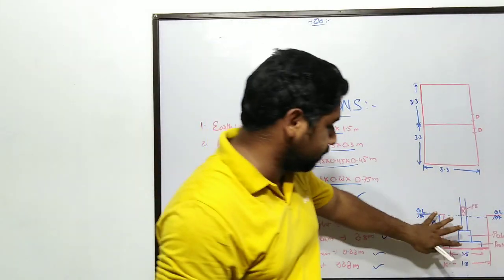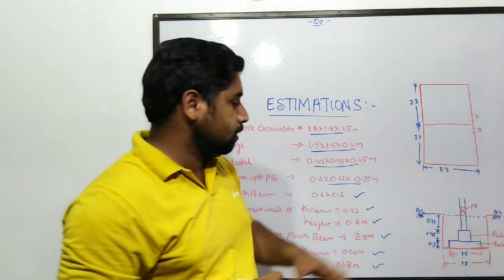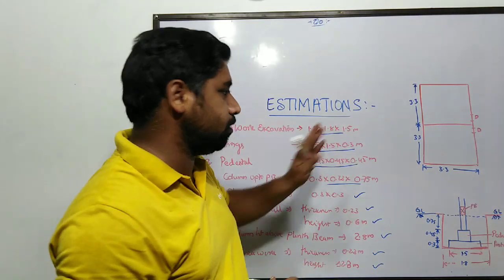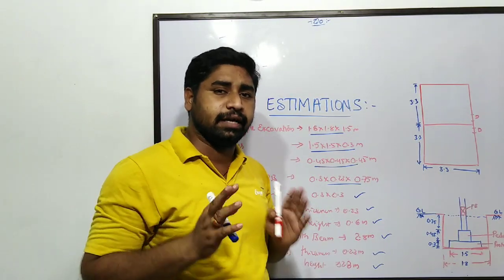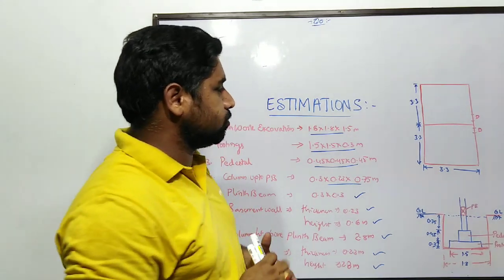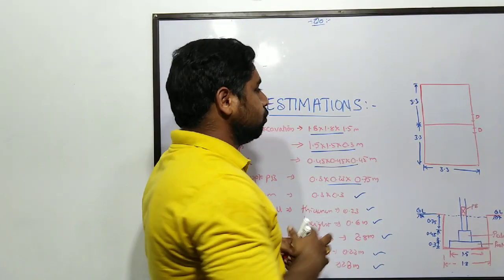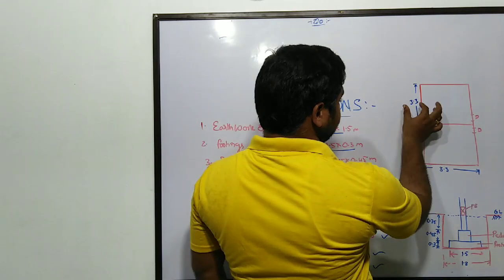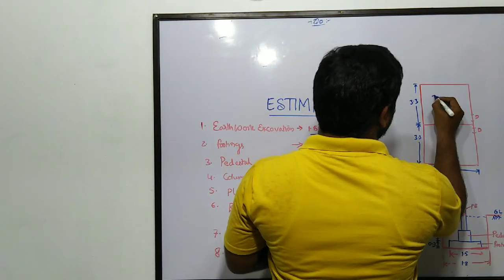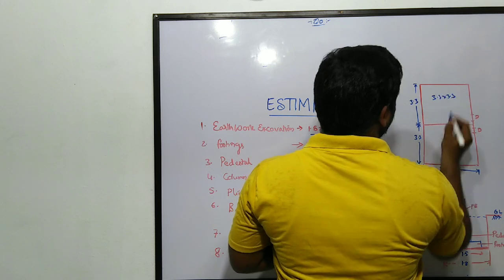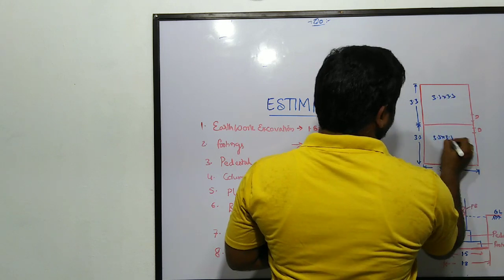And here I have also given some standard dimensions for this example problem, for which we are going to prepare the estimate now. These are the dimensions of the plan. 2 rooms we are going to take, each 3.3 by 3.3 in size.